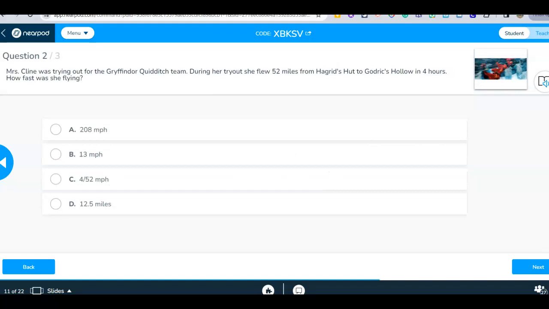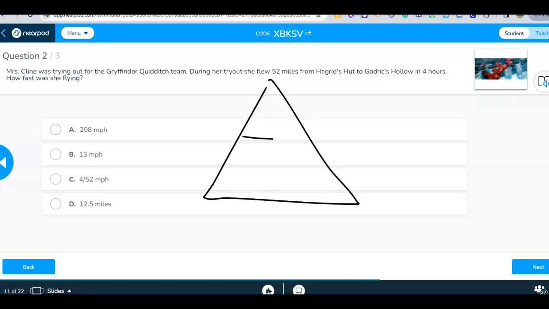Mrs. Klein's trying out for the Gryffindor Quidditch team. During her tryout, she flew 52 miles from Hagrid's hut to Godric's Hollow in 4 hours. How fast was she flying? What should I draw, Knox? The DST triangle. 52 miles, sir. Is that a distance, a speed, or a time? 4 hours.